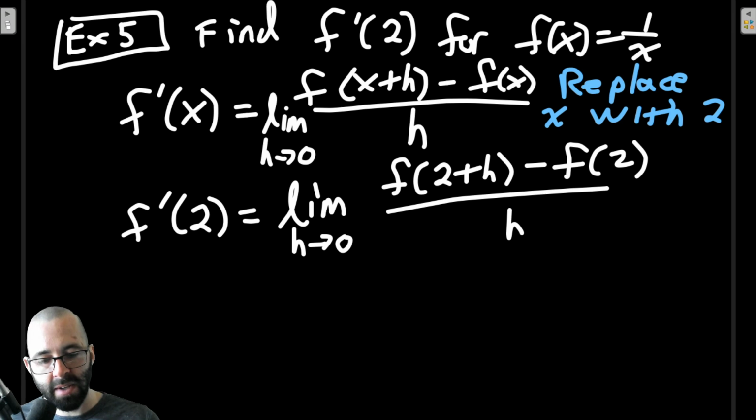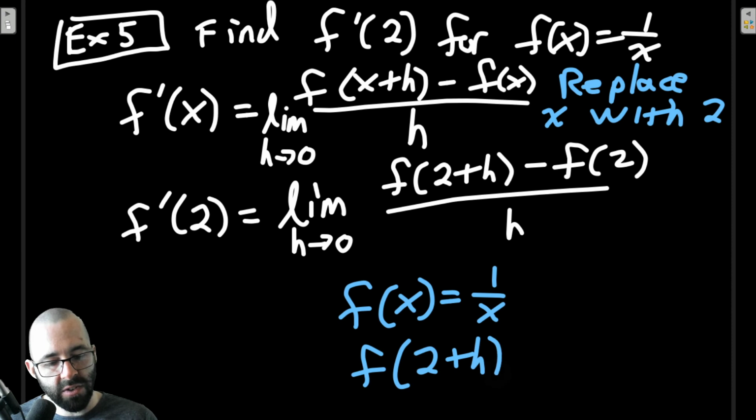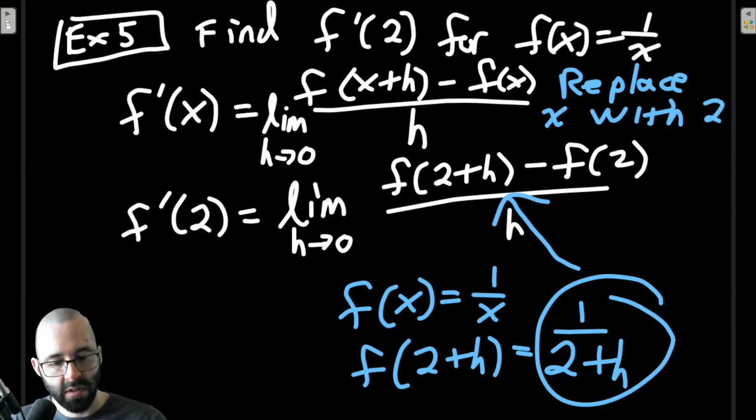Off to the side, maybe, if you want, you can say, well, f of x is equal to 1 over x. So f of 2 plus h, replace the x with 2 plus h. So this is what we're going to have to plug in to that first guy, 1 over 2 plus h.